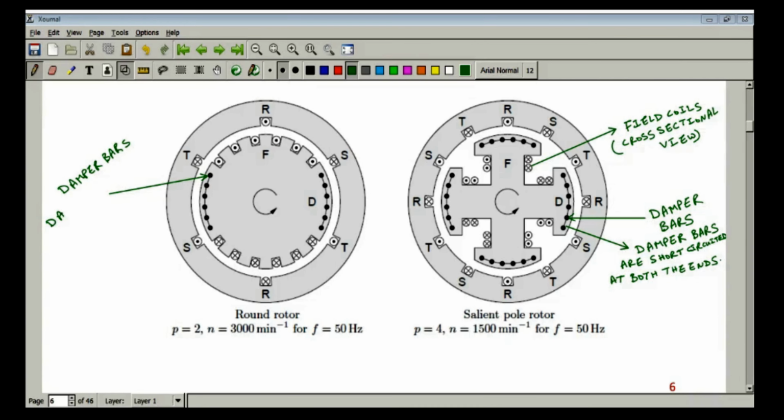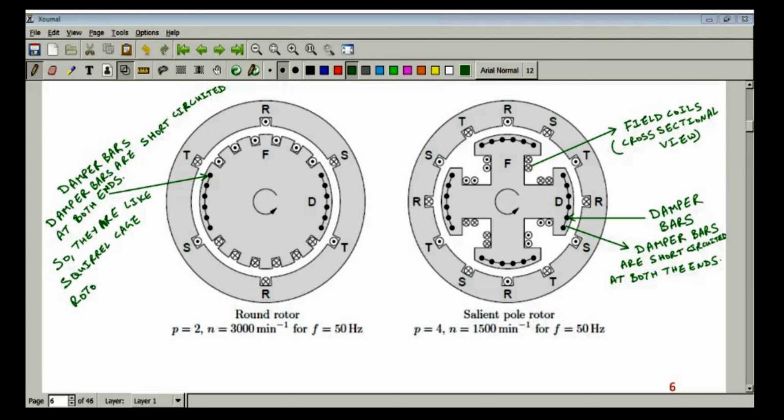Damper bars are short circuited at both ends. So they are like squirrel cage rotor.